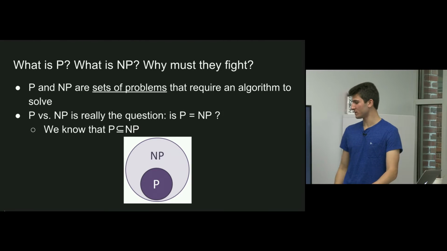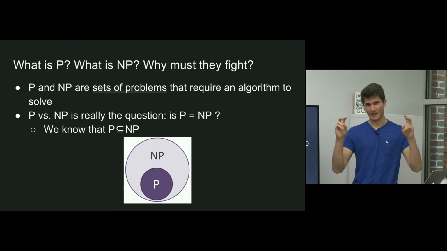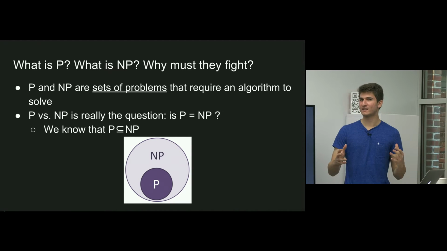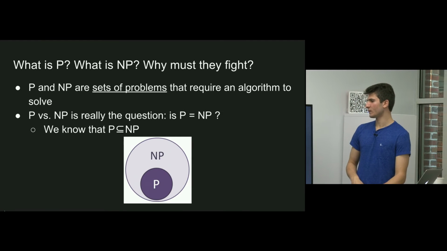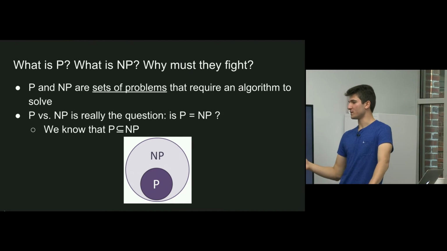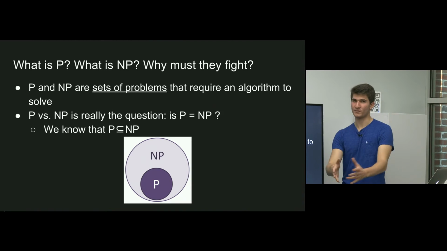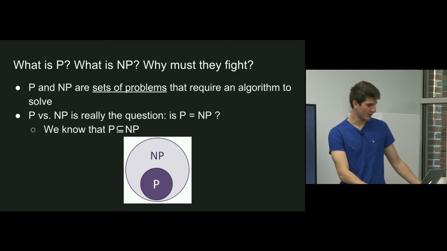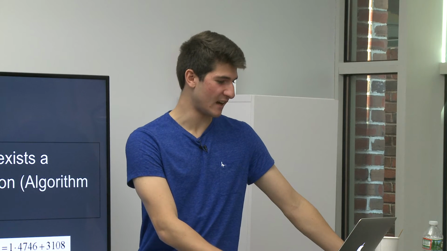Some problems, like the problems in P, actually have known fast algorithms, and some problems that are in NP are at least able to be checked quickly. And definitely, if a problem is in P, it is in NP, because if you can solve a problem very quickly, it's also easy to check it because you just solve it again. And that'll all become clear, hopefully, in the next few slides.